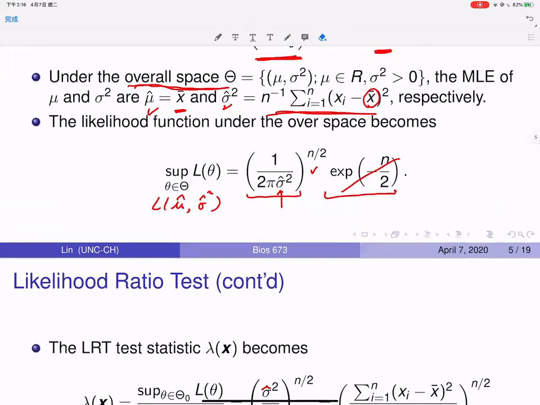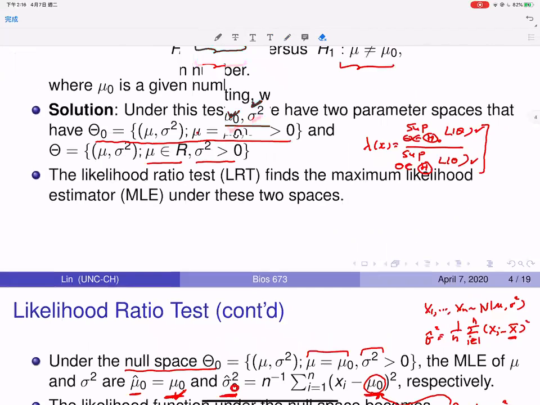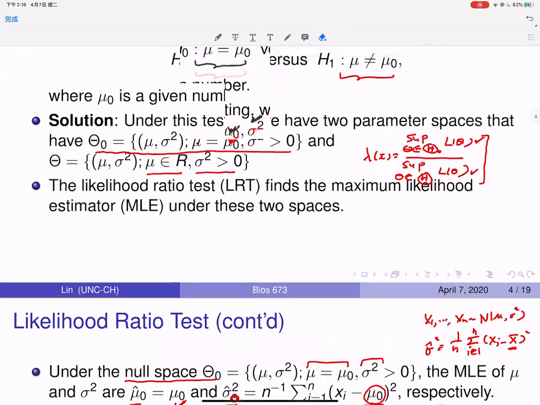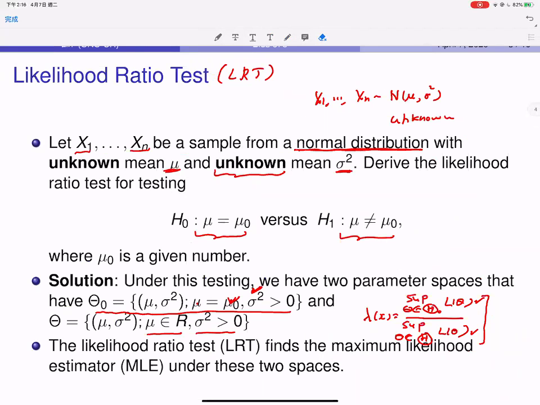Imagine not using LRT. Imagine you're an undergraduate student. You look at this testing. You look at your mu unknown, sigma square unknown, and you look at this test. Tell me what test you are going to use. What test?